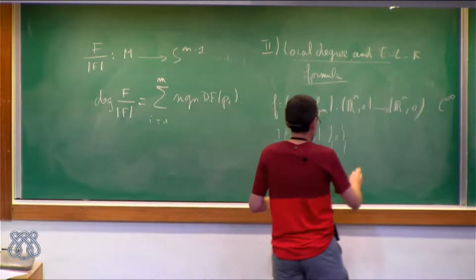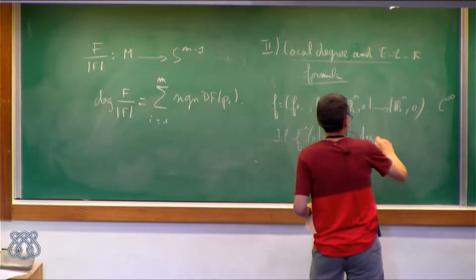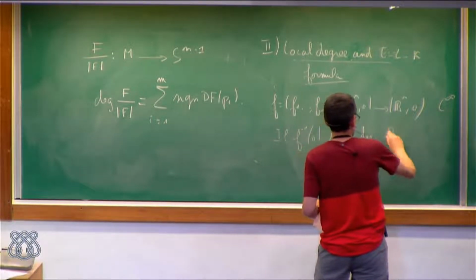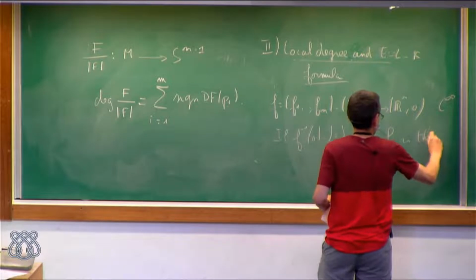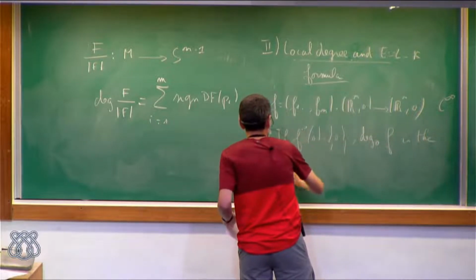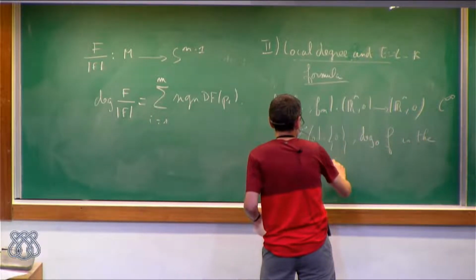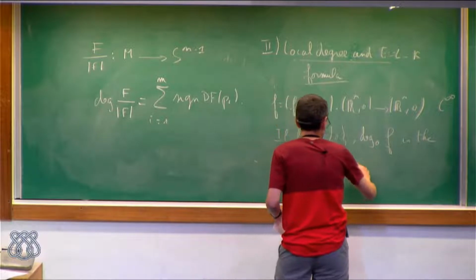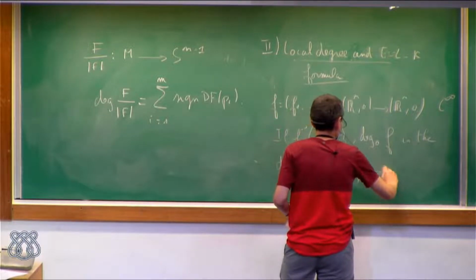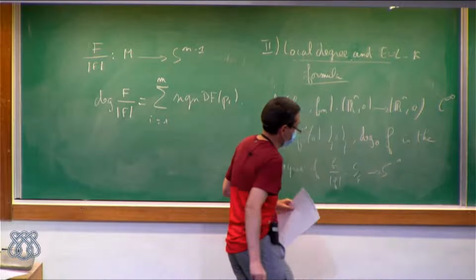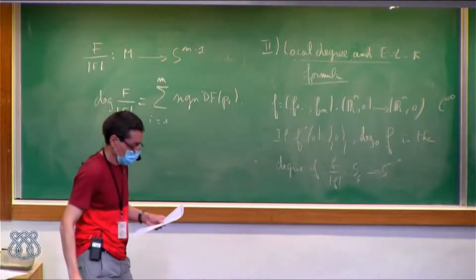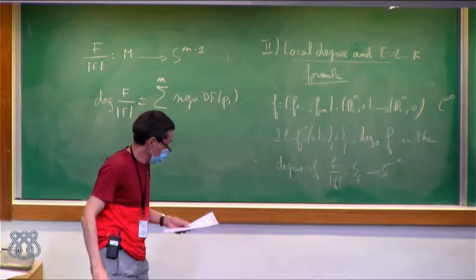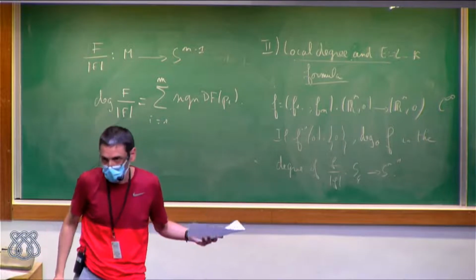So the local degree of f at 0 is the degree of f normalized from a small sphere to the unit sphere. This is also the Poincaré index.